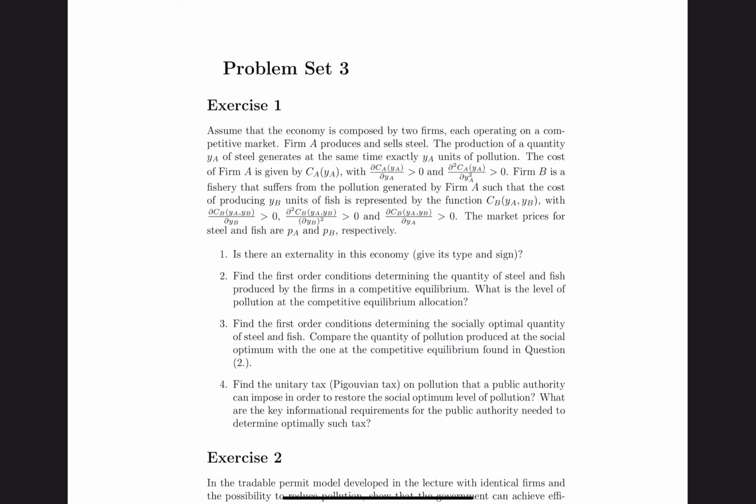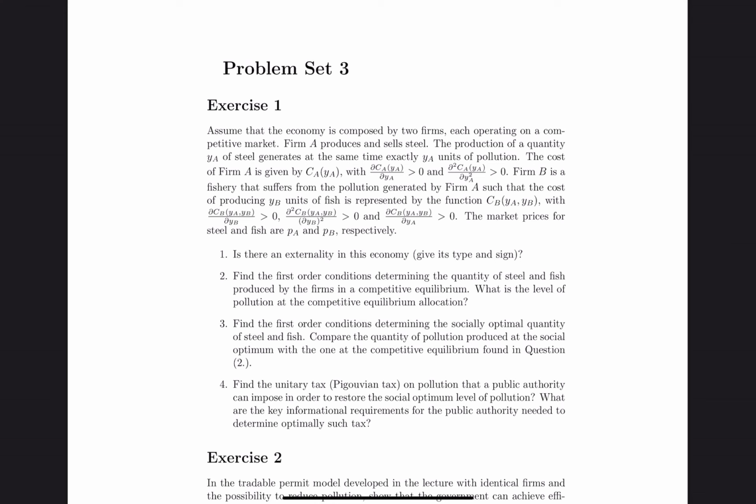The marginal costs are positive, so the cost function is strictly increasing in the amount of fish, and it's also strictly convex. In addition, the cost function is strictly increasing in the amount of pollution generated by firm A. Then we are given two market prices, PA for steel and PB for fish.